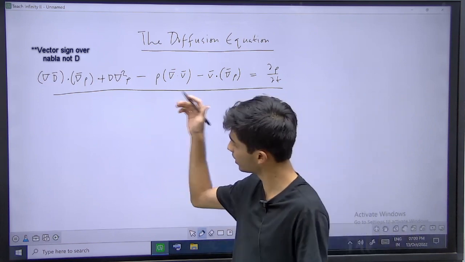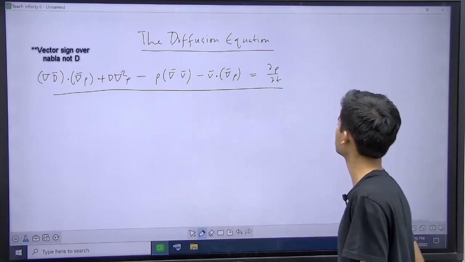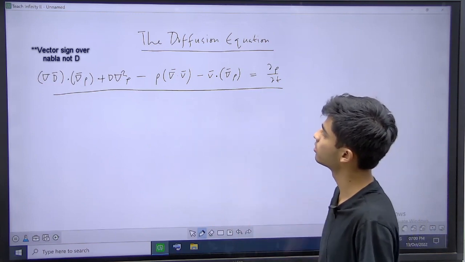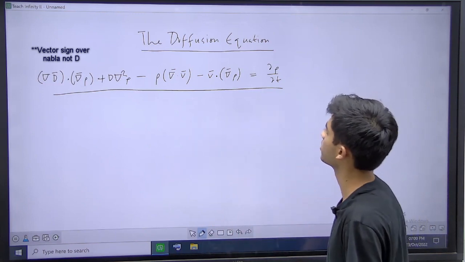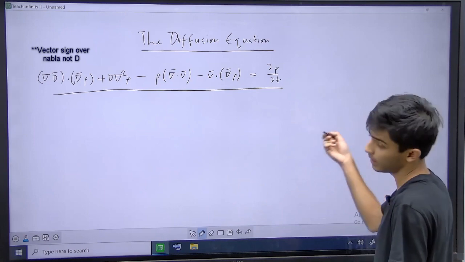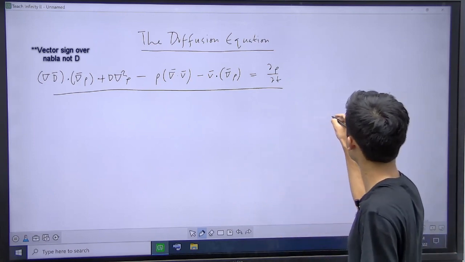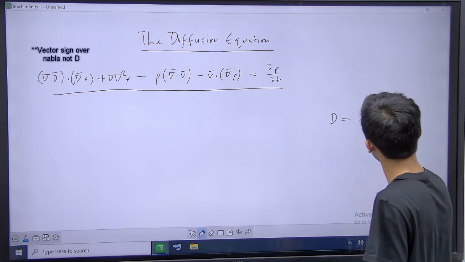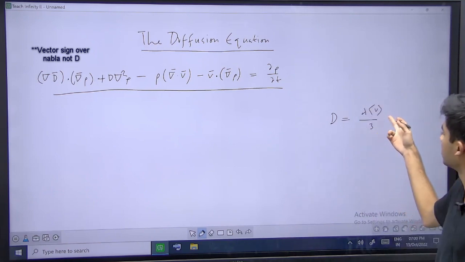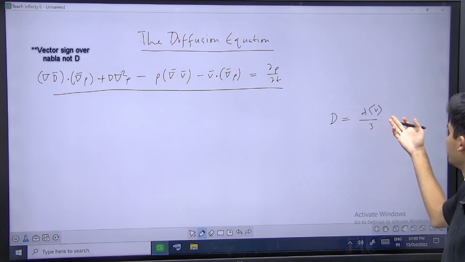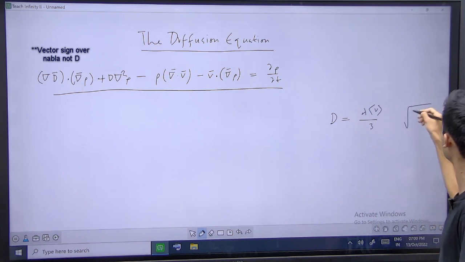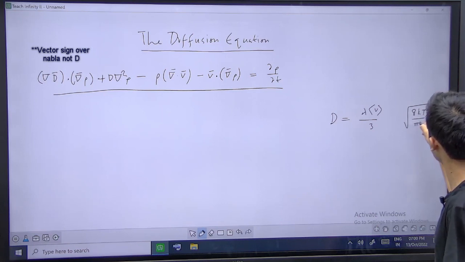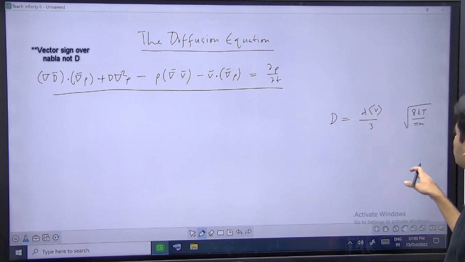Some comments I will make right now about D: something just struck me, that D also may depend on the other parameters of the system. For instance, for the ideal gas, there is a famous result, and that is that D is of this form. V is the mean speed, and lambda is the mean free path. This is the elementary form.